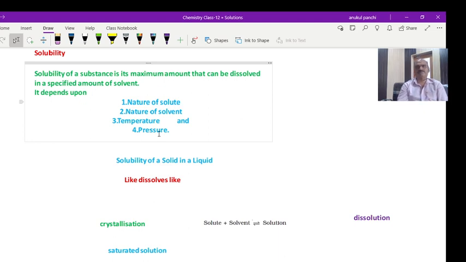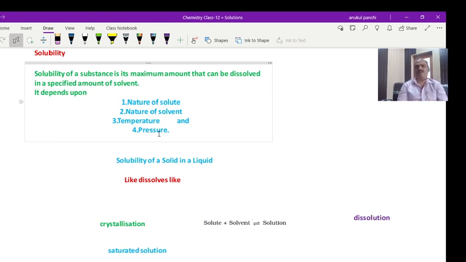But you know, there are different states of solute and solvent, and depending upon their physical states, there are 9 types of solutions. So all these factors are going to affect their solubility differently. Of course these factors affect, but their effect is variable. We shall discuss it in detail.